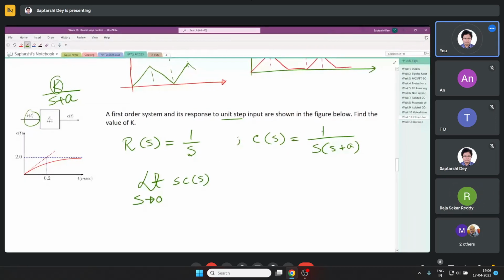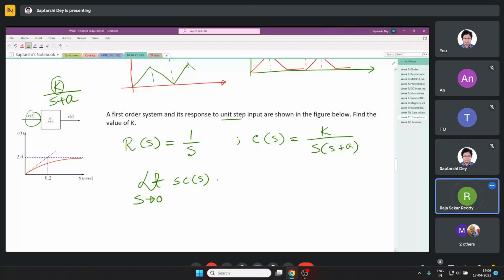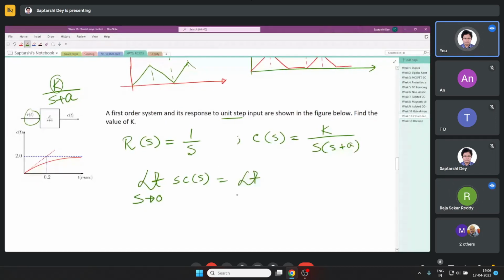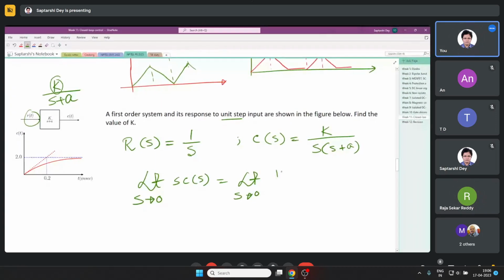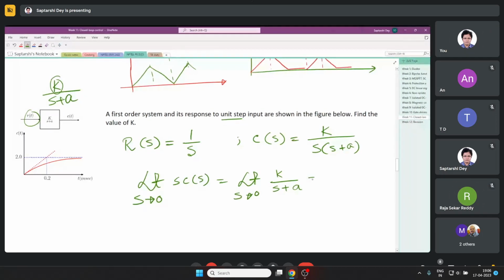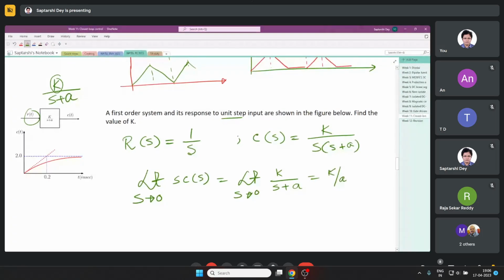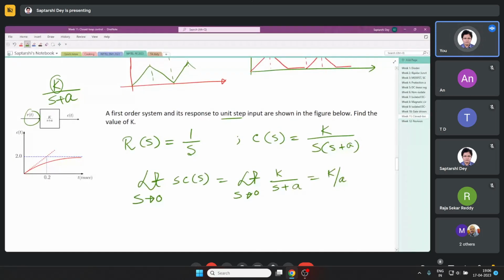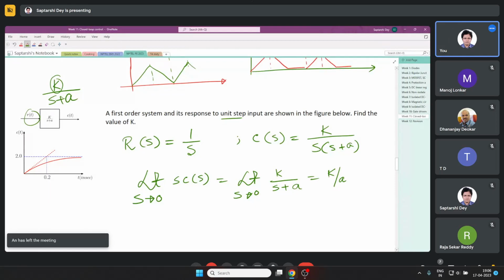So it comes out to be k by s plus a. K by, am I doing something wrong? It's k by s.